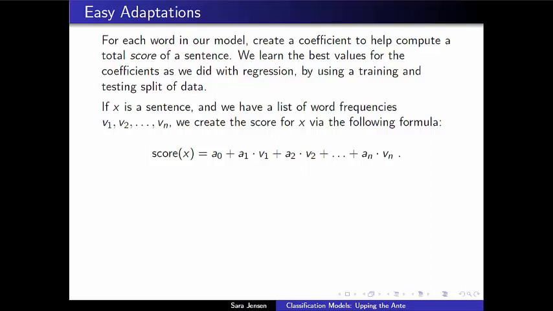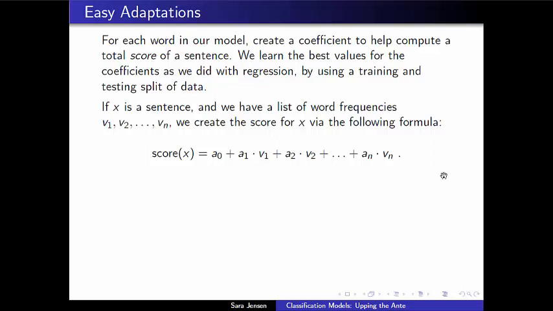And so in some sense, the V sub i's in this score equation are counting the number of occurrences of the word, and the A sub i's are almost like a cost of that word. How important is that word to us when we're doing this computation? And in that way, we'll be able to count more extreme words with higher value than words that are a little bit more neutral.